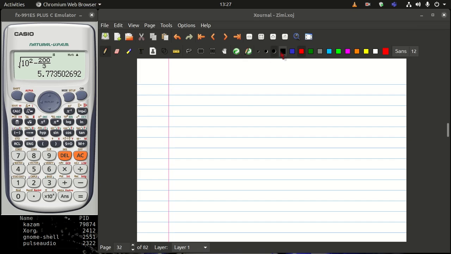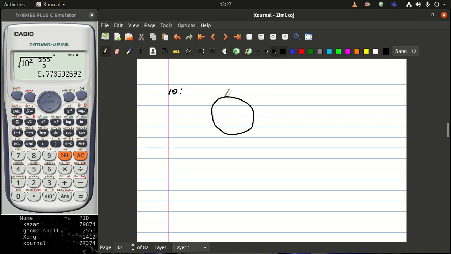We are at number 10. So number 10 is saying that we are having a cylindrical log which is of this type here. This is not good looking, but I'm trying, guys.